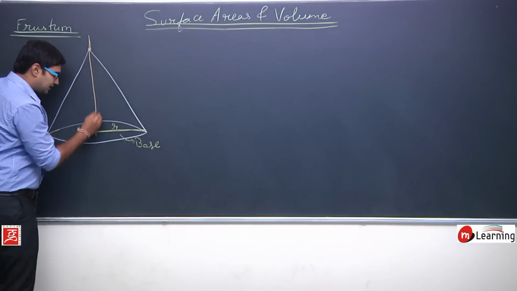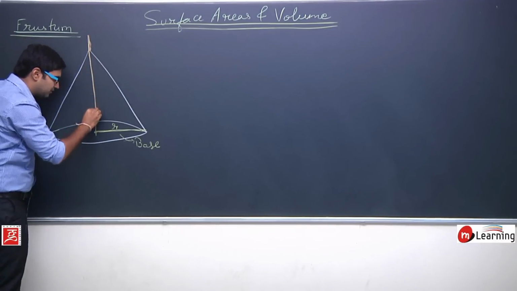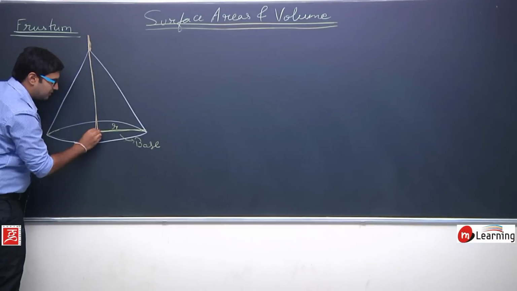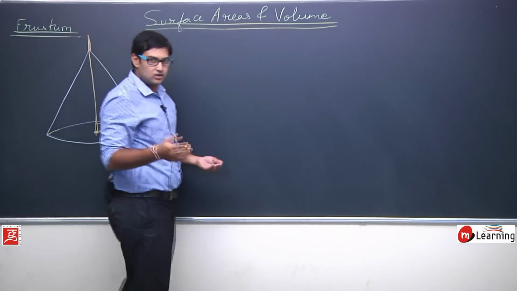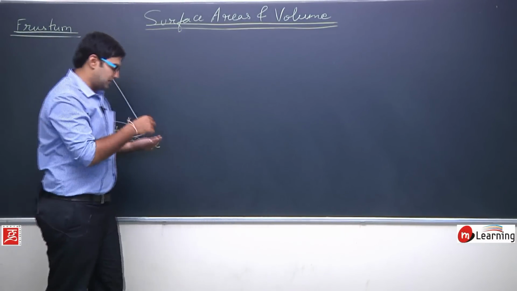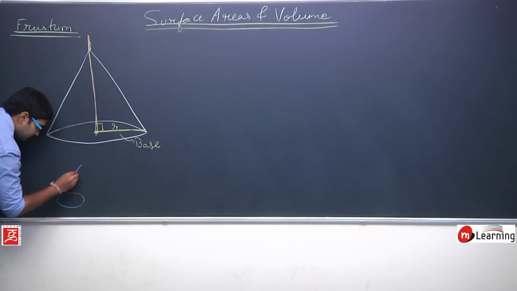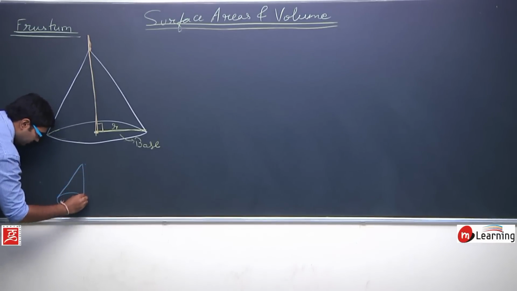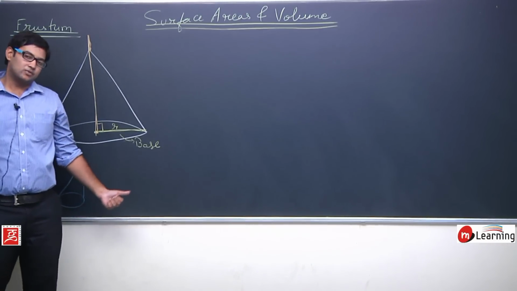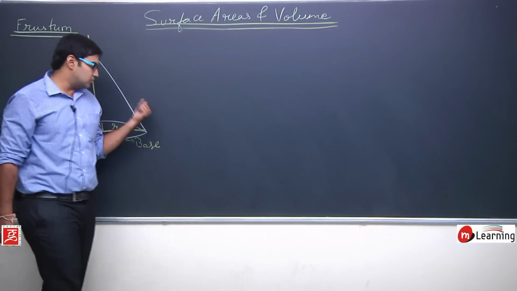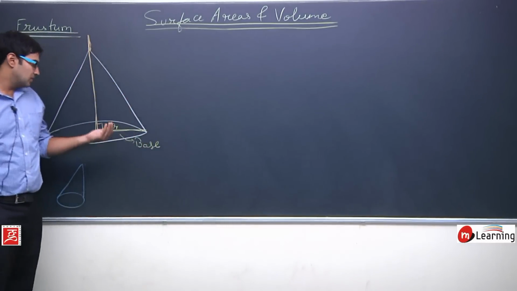As I have said previously, we can have a cone like this also, but this is not a right circular cone. I am going to deal with only this kind of cone, that is the right circular cone.